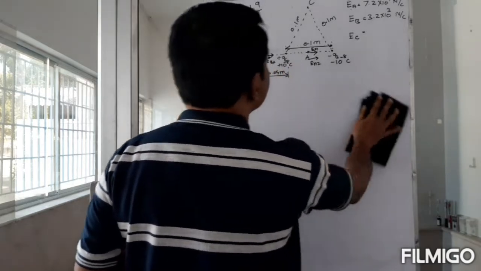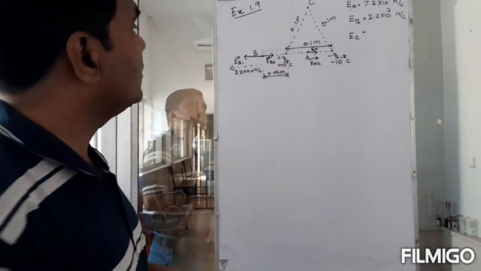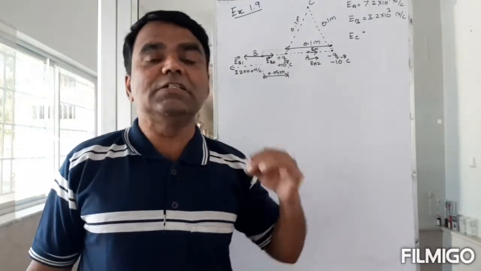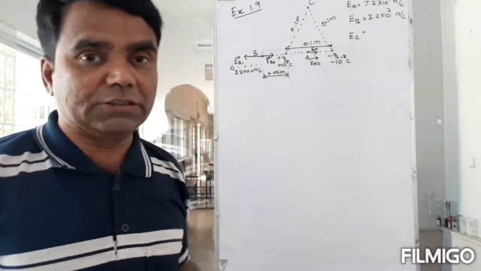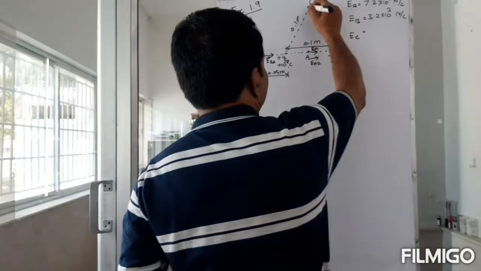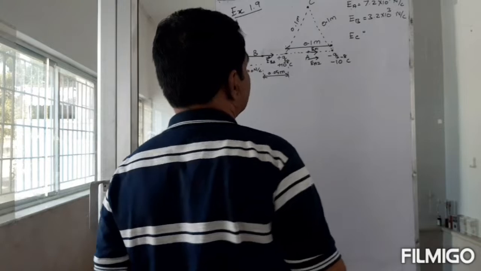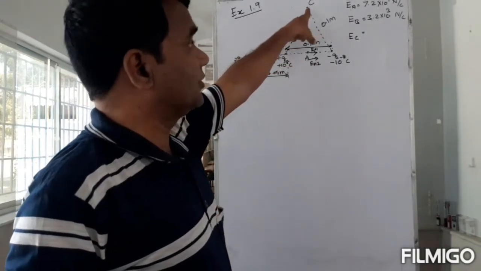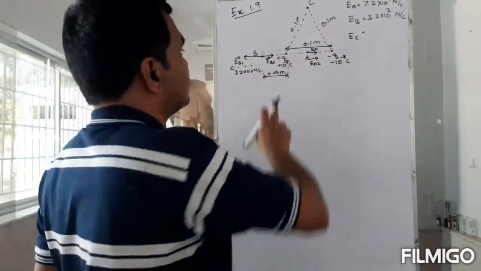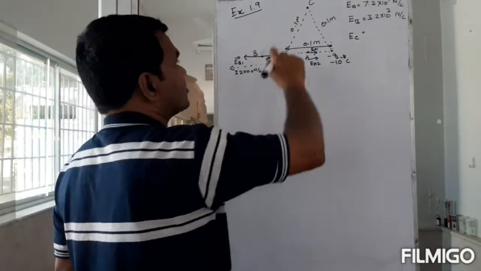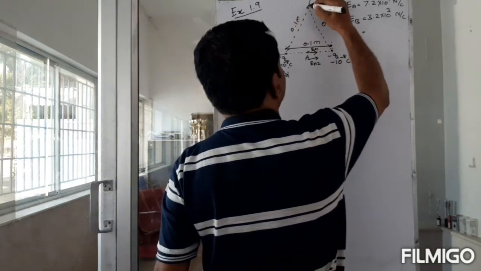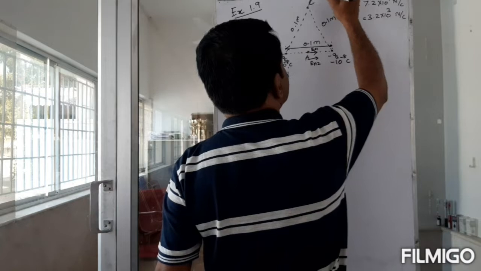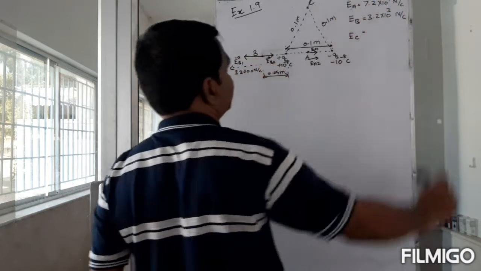Okay, so now what am I going to do? The same thing. I'm going to bring in a unit positive test charge, and I'm going to keep that charge here at this point. So I have a positive charge here, and there is this negative charge, and the positive test charge here. So there would be a force of repulsion, so that would be like this. So this would be EC due to 1.